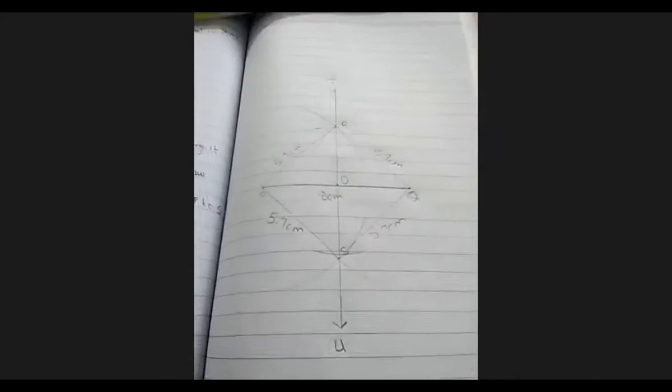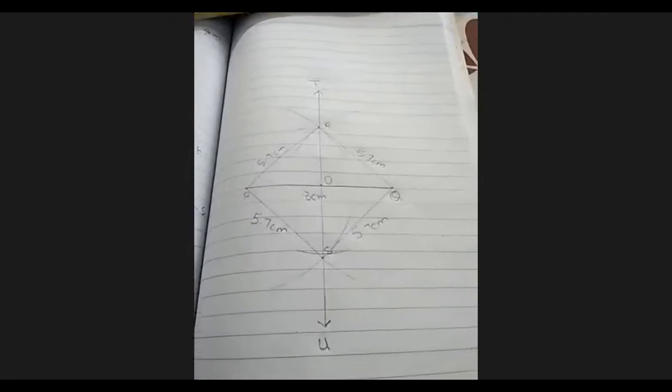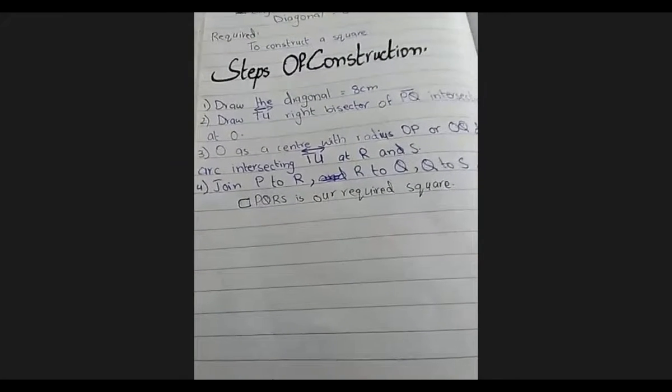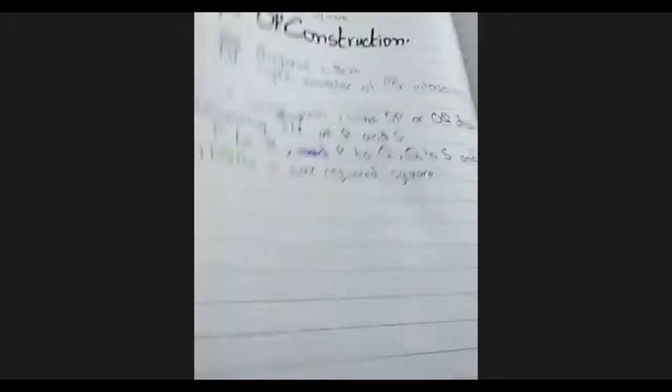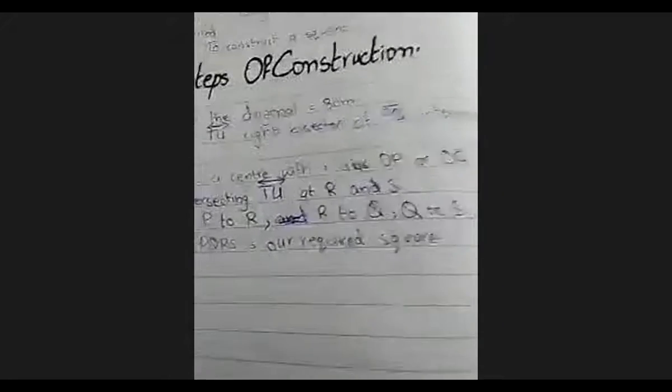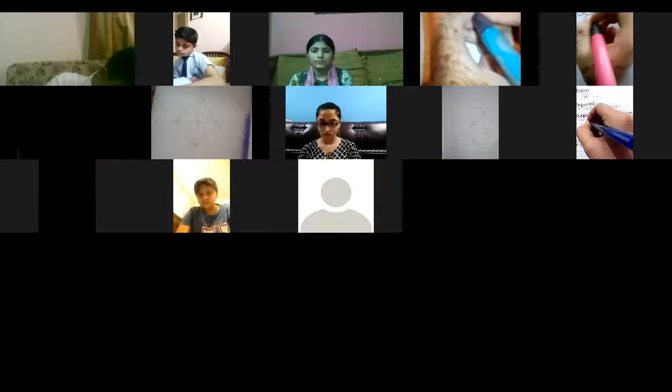So here is Asia's copy. We have already checked. Asia, show me the steps of construction, bete. Very good. That's great. Draw the diagonal. Mention the name. The diagonal name is PR. ठीक है? Mention the name over there. Otherwise, everything is correct. ठीक है?